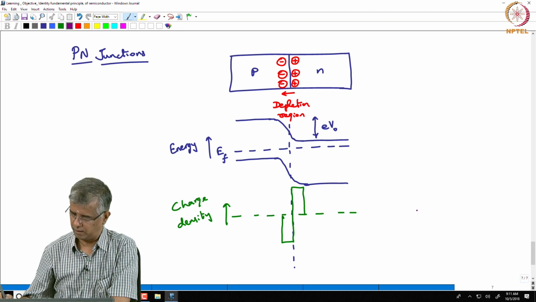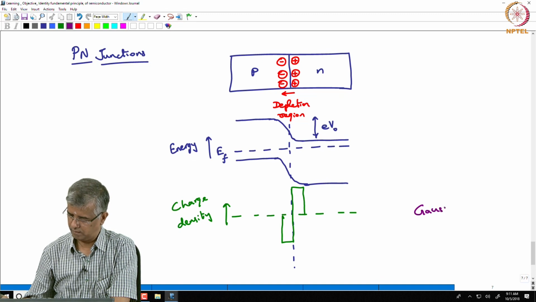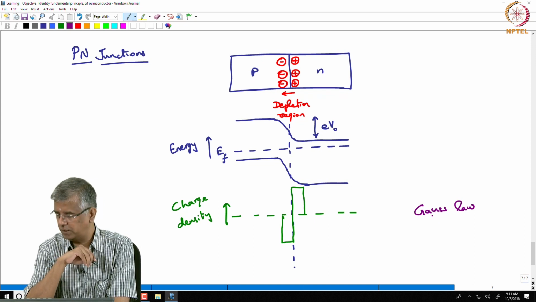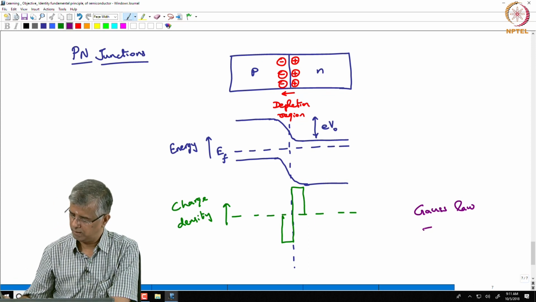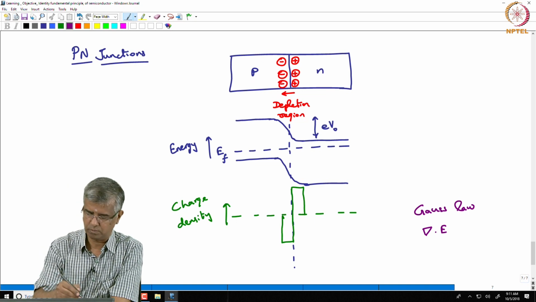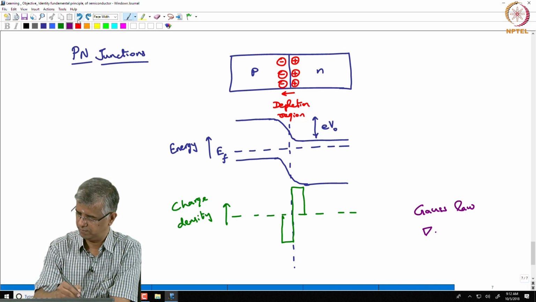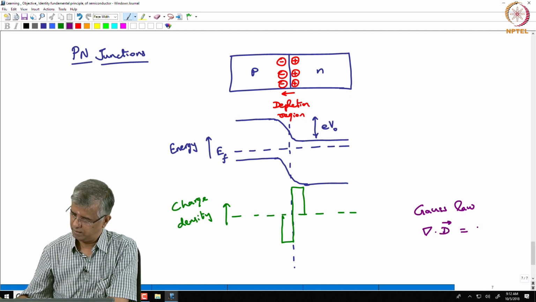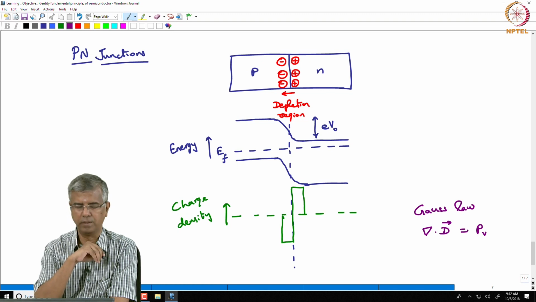And we know from Gauss's law. So, Gauss's law tells us that whenever you have these fixed charges, you have a divergence of the electric field, or basically you can just say del dot D equals rho V, right.